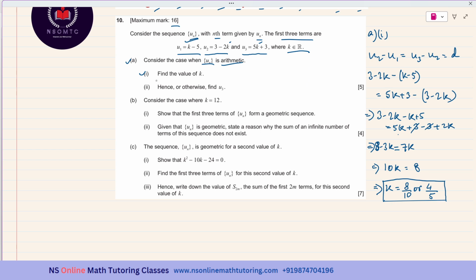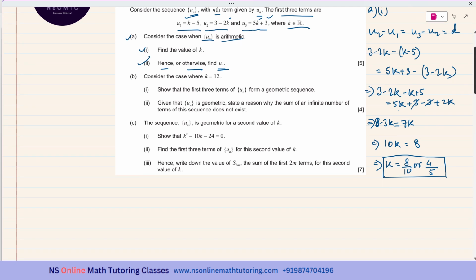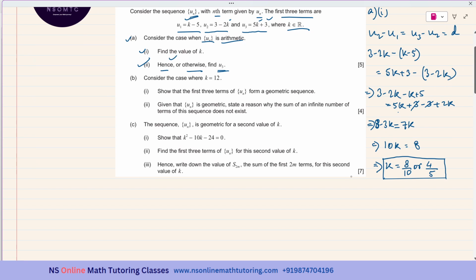So we have answered the first subpart. Subpart II is saying hence or otherwise find u3. We are given the expression of u3. We will be just plugging in the value of k in this expression to get the value of u3. Of course, we will be using the hence part.